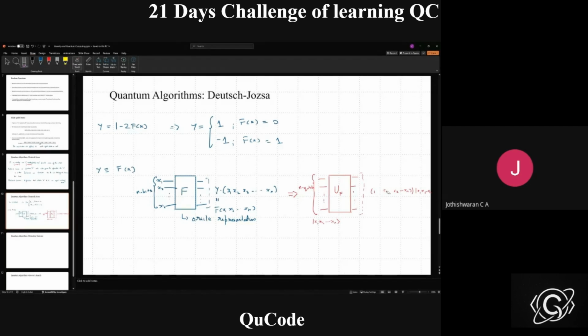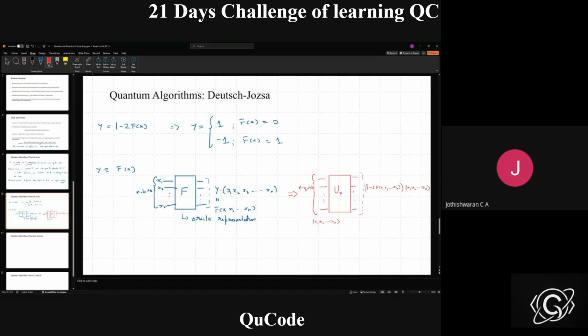I can write this better, it's completely illegible. So what I will get is 1 minus twice f of x1, x2, xn multiplied by this vector x1, x2, xn. So this is what I will get.